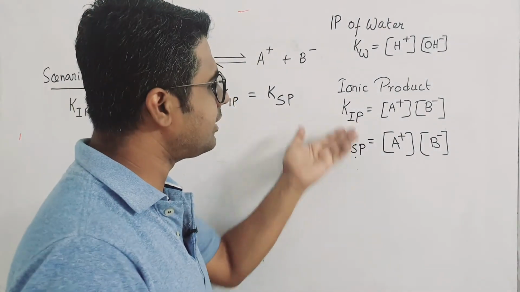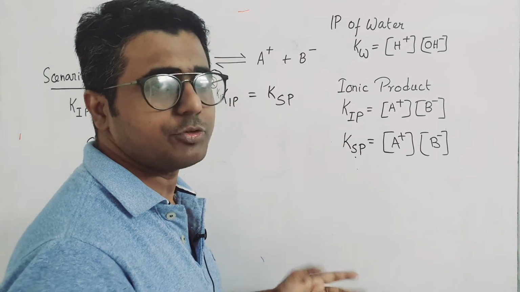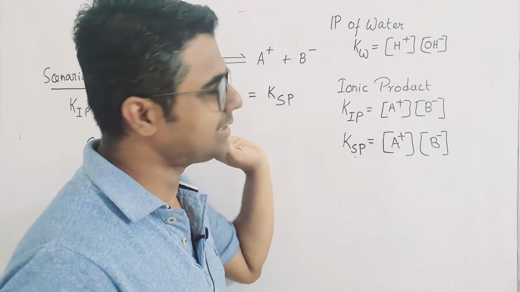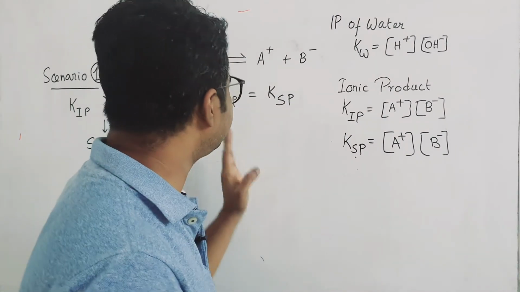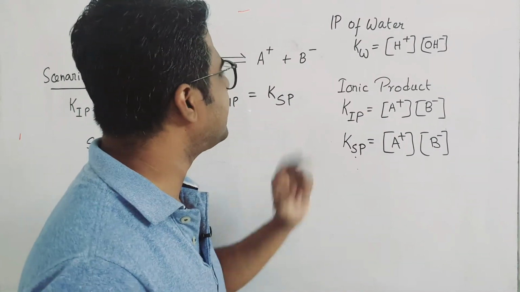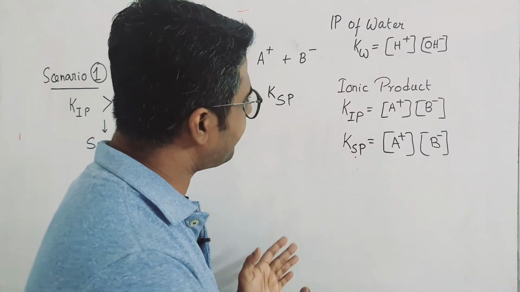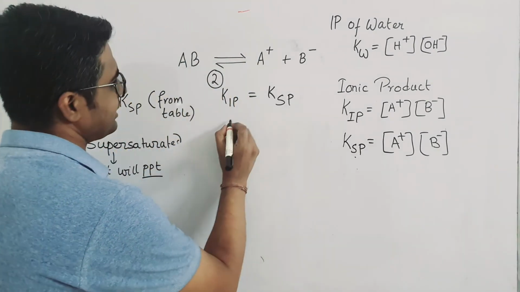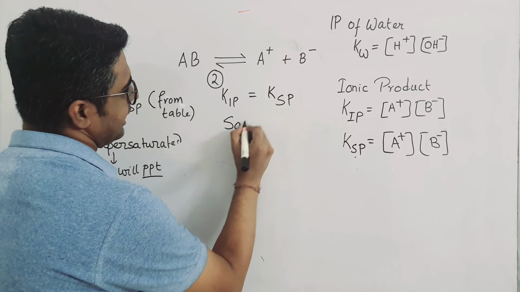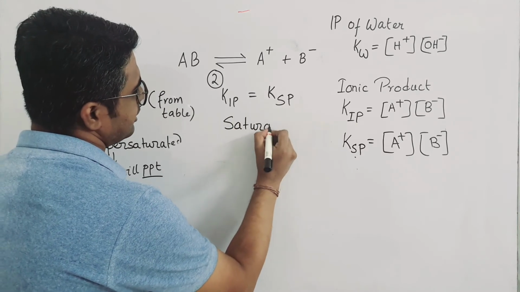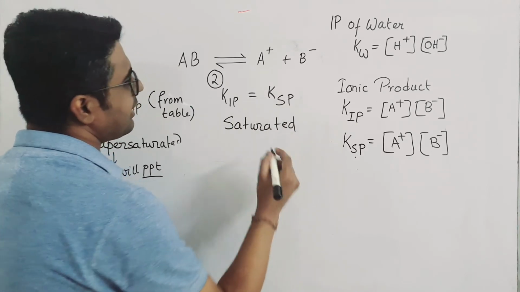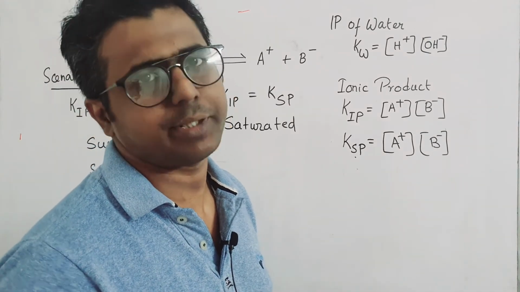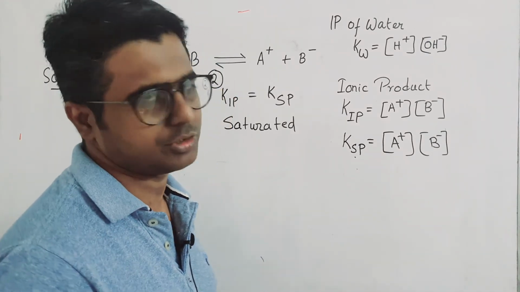That is why the constant is the same whenever you take these readings. So at this point, ionic product is equal to solubility product, which means the solution is saturated. Any further addition of salt will result in precipitation, not dissolution.